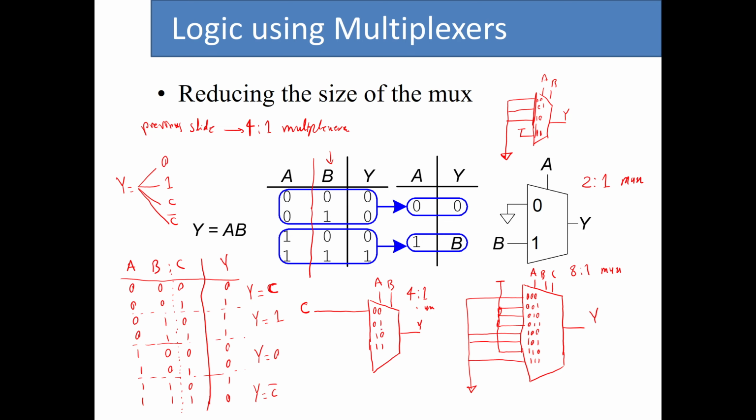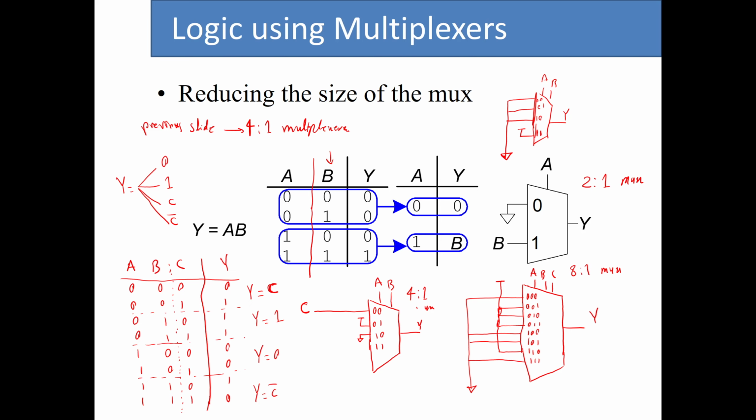When A is 0, B is 1, Y equals 1. So I just write it like this. I use the symbol for VDD or 1. When A is 1, B is 0, Y equals 0. So I write it using the symbol for ground.